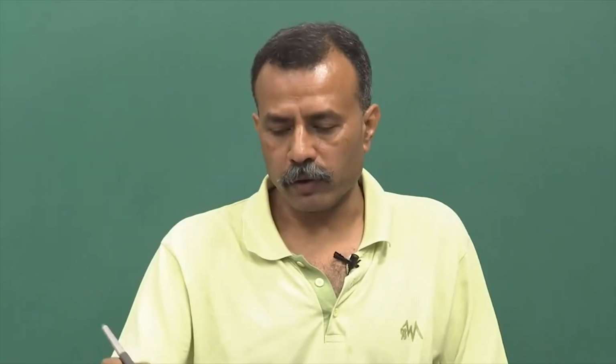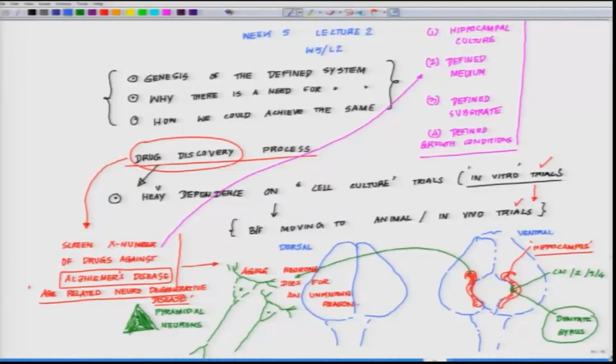So, what people are doing now, let us see what the current status is. Now, you have the hippocampus culture, where people use embryonic day 18 rat or mouse.